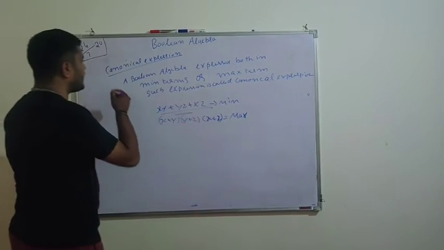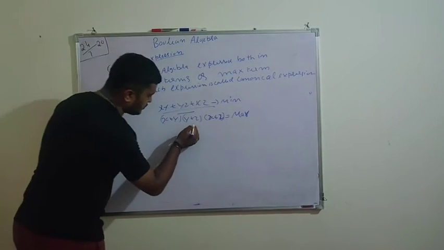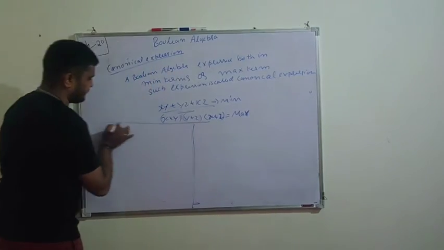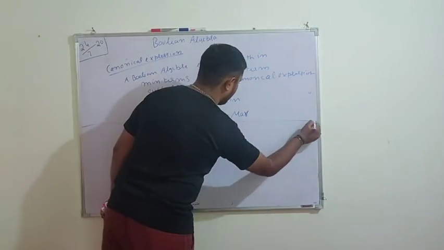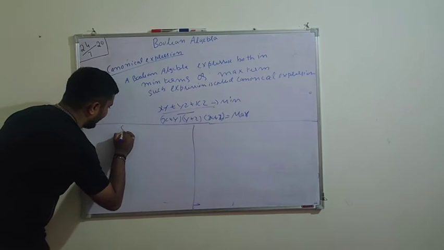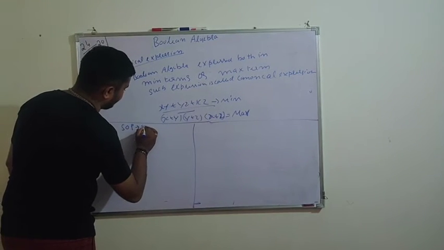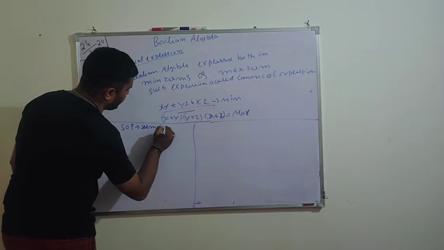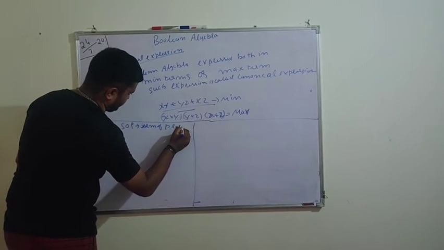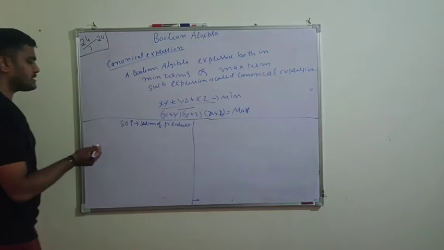Whenever we say a canonical expression, we have two things. One is SOP, called sum of product. What is the sum of product?